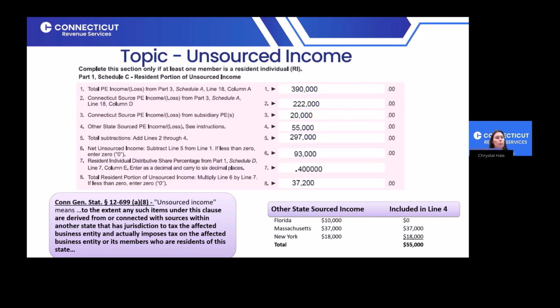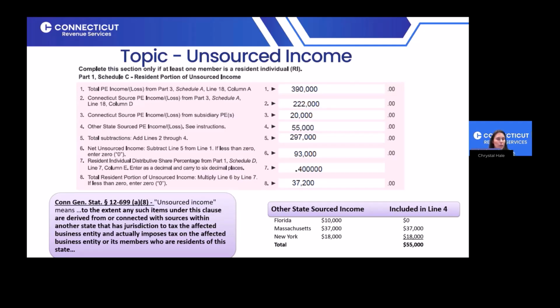From there, we remove our Connecticut source income from our own operations, which is that $222,000 that we calculated. We also subtract any Connecticut source income from subsidiary PEs, and those were coming from our subsidiary PE Schedule CT K-1s that we received from ABC and XYZ.